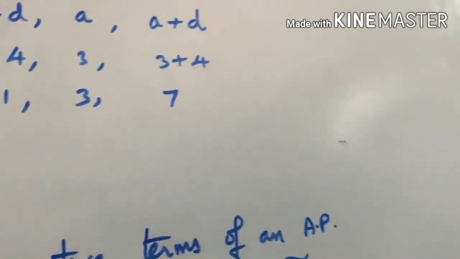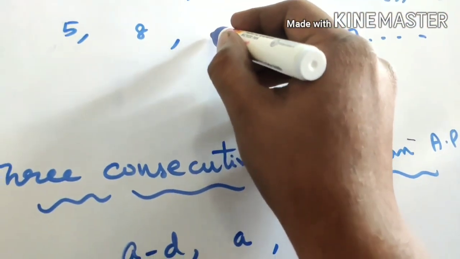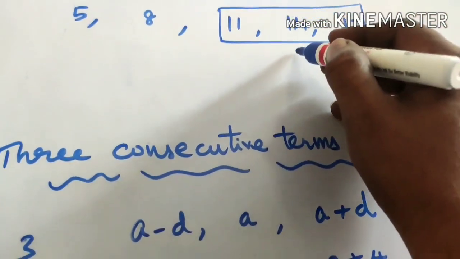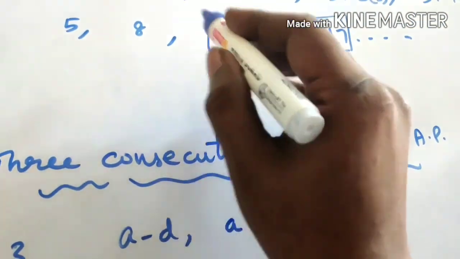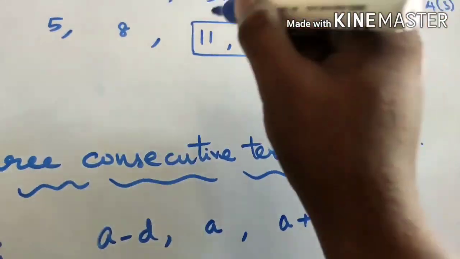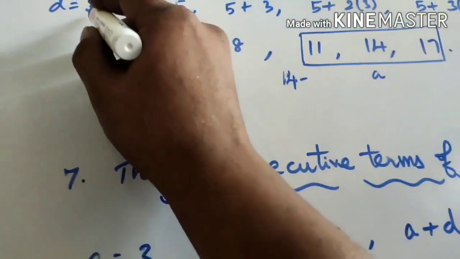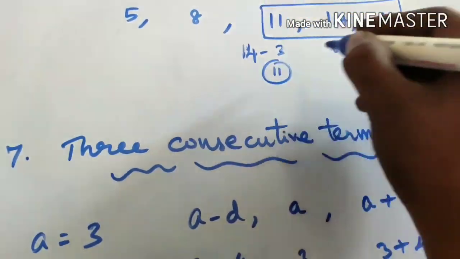For example, see here, if you take these three terms, we will consider this as a. Now this will be a minus d and this will be a plus d. See here, this is 14 minus d, what is d? 3, isn't it? This is the common difference 3, and we are getting 11.